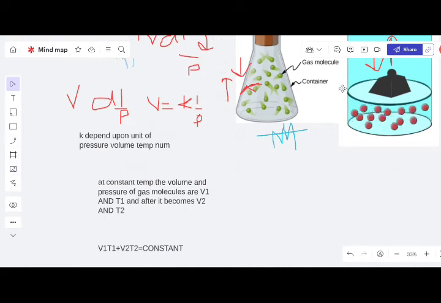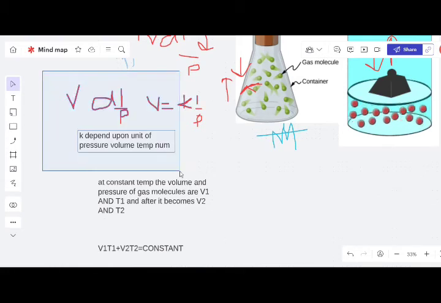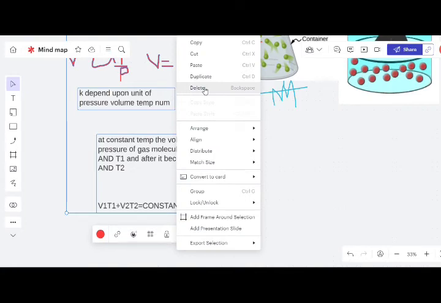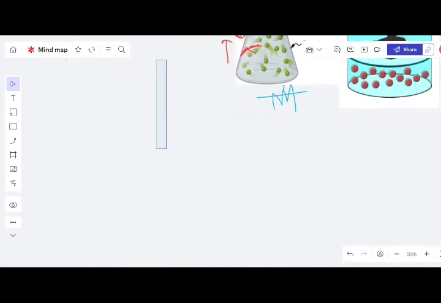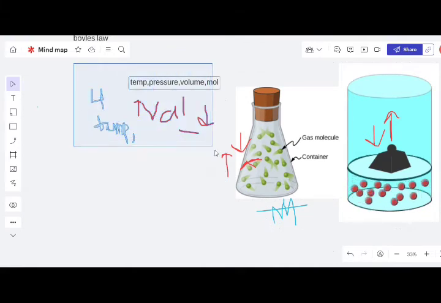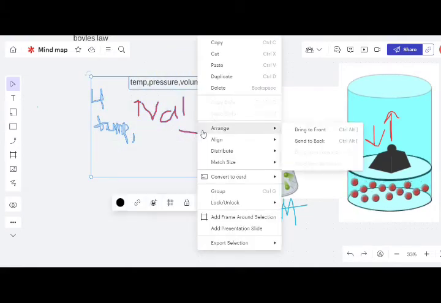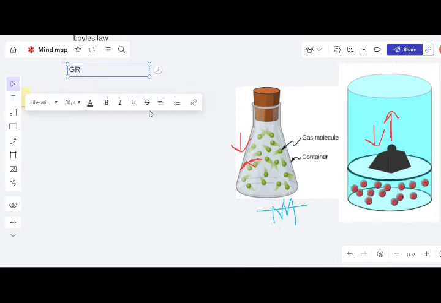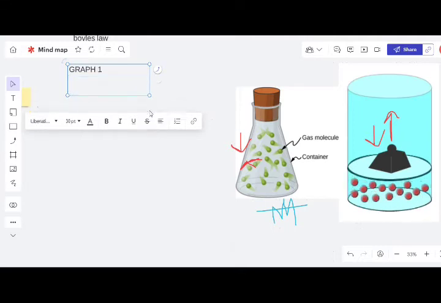Now after that, I would like to discuss the graphs of pressure and volume, different graphs according to different conditions. Let's go. The first graph, graph number 1. Before drawing the graph, I would like to write some equations.